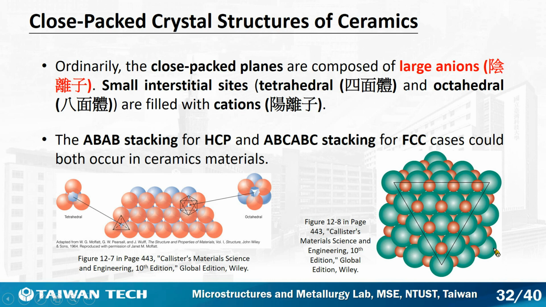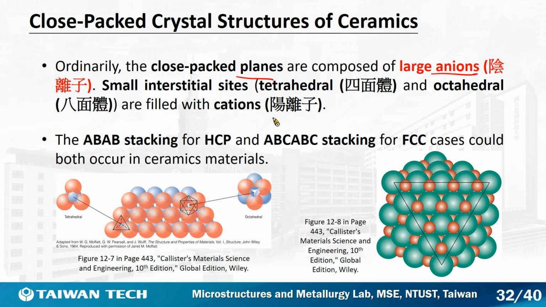Okay, and ceramic structures can also have close-packed crystal structures, but it will be more complicated. For the close-packed planes, because ceramics have anions and cations, and anions are much larger because they gain electrons, the anions could have close-packed planes just like this one.